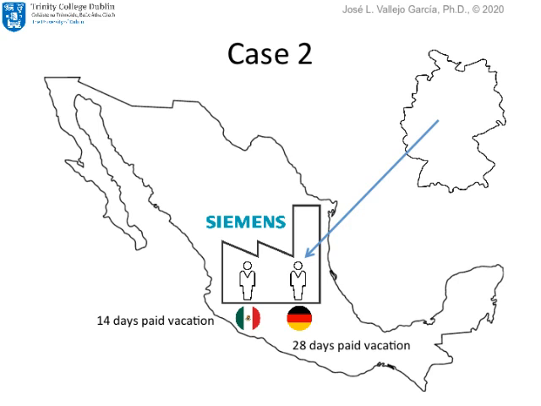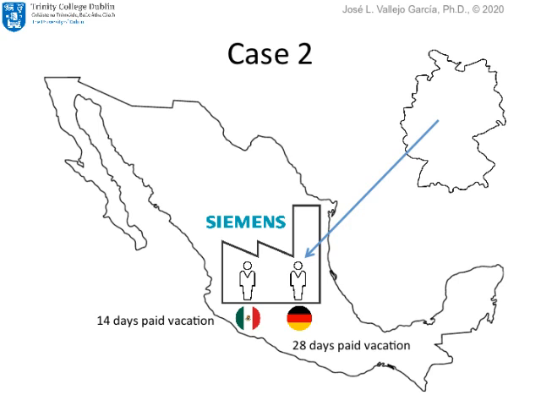You think a German is going to move to Mexico to get 14 days of paid vacation? They're going to say no. So they're going to get 28 days. But what's going to happen with the Mexican who is at the same level of management when he sees that the German is getting 28 days of vacation and he's getting half of it?